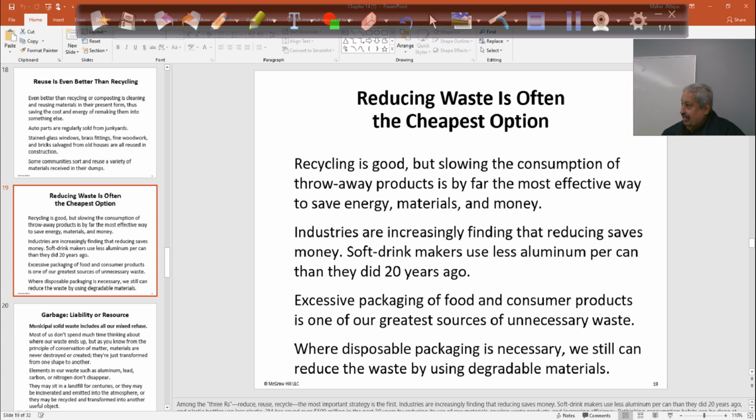So it will not be a plastic bag there. So excessive packaging of food and consumer products is one of the greatest sources of unnecessary waste, where disposable packaging is necessary. We still can reduce the waste by using degradable materials.